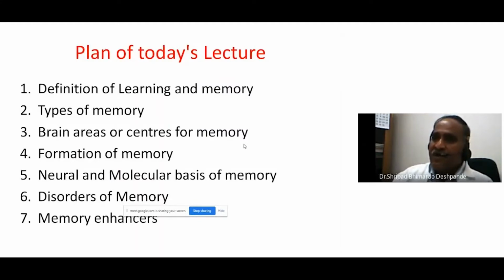Today's lecture I have planned in this way. One, I will define learning and memory. Number two, I will tell you about the types of memory briefly. Three, I will tell you about the brain areas or centers which record memory. Fourth, how memory is formed.